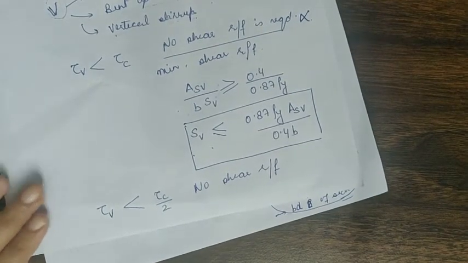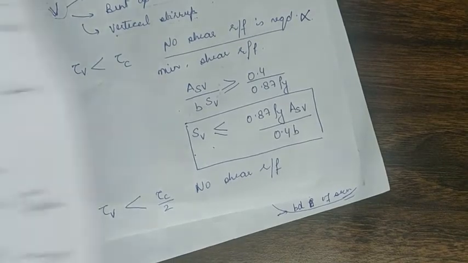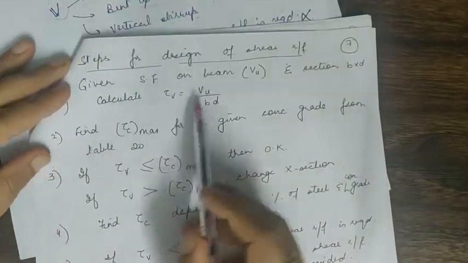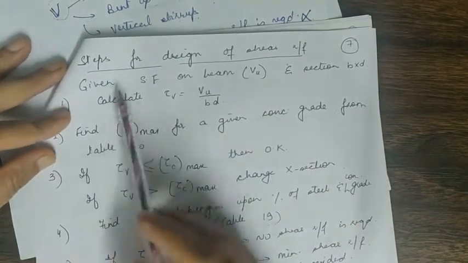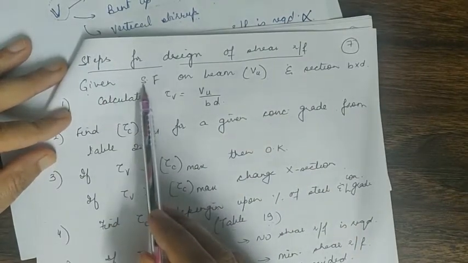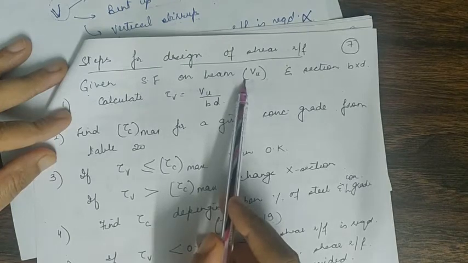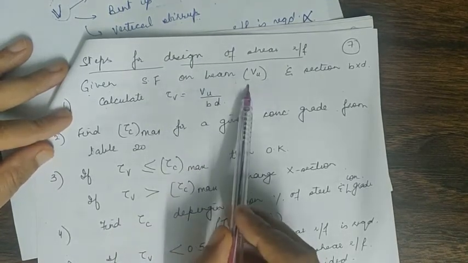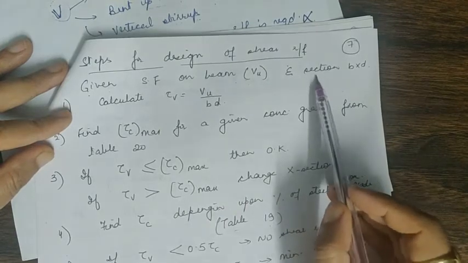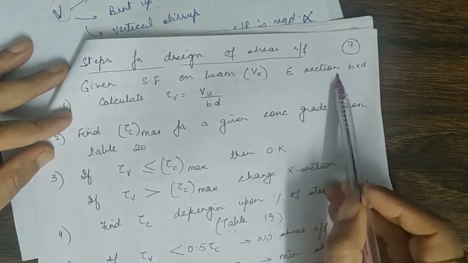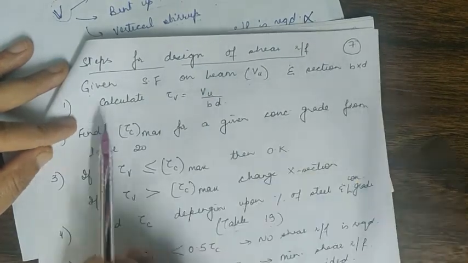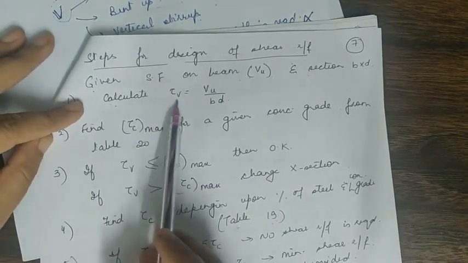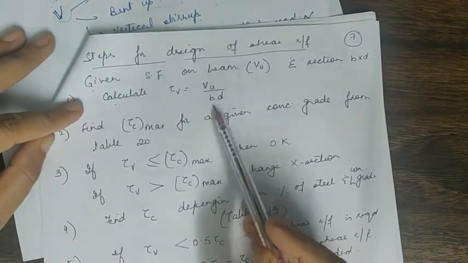Is it okay? Clear? So let me just revise the things. What are the steps for shear reinforcement? First step: what will be given to you? Shear force of the beam, or if the loads are given, you will calculate shear force on the beam. You will be having the section B into D. First step is you calculate tau V. So tau V is VU upon BD.